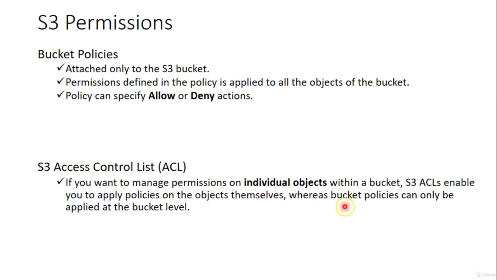Here it's written bucket policies can only be applied at the bucket level. So do not get confused between bucket policy and access control list. Always remember, a bucket policy, as the name suggests, is applied at the bucket level, whereas ACL is applied at the object level, the individual object.